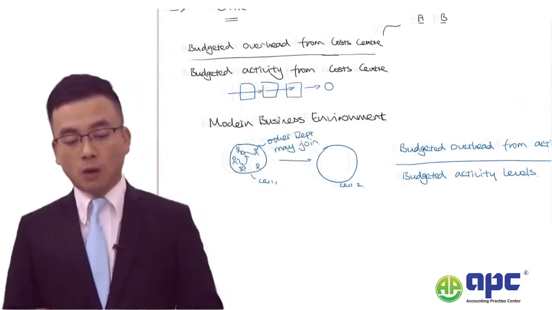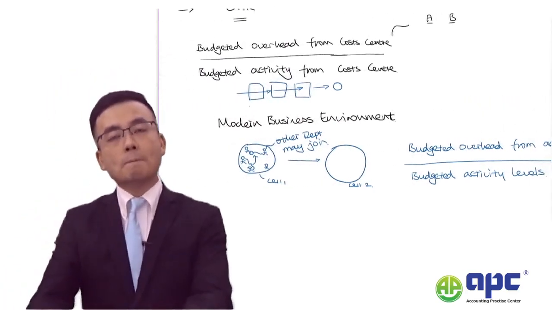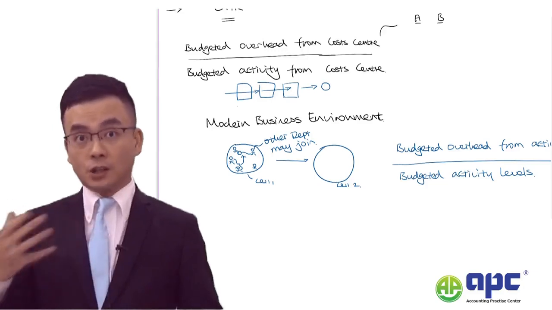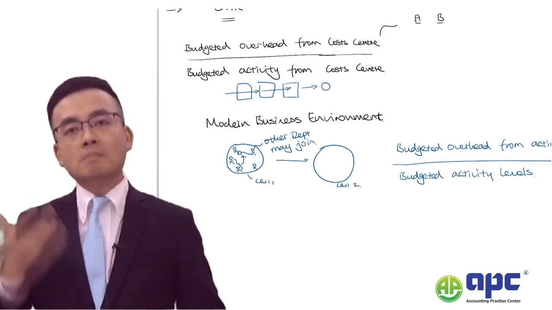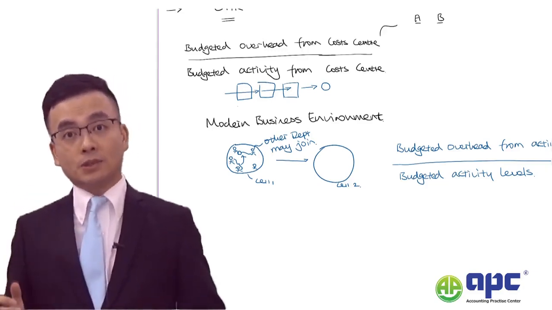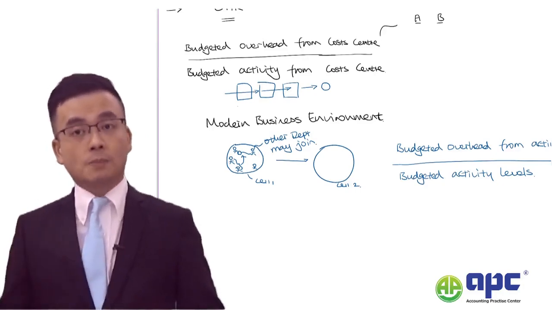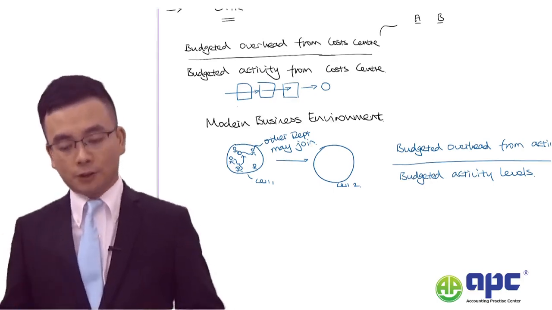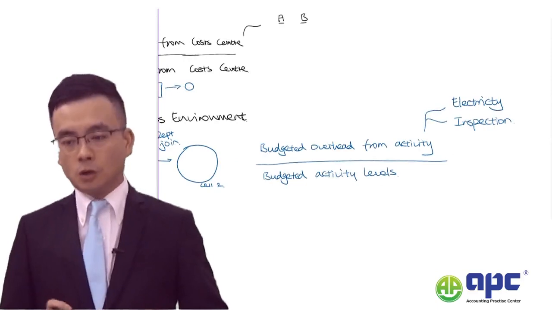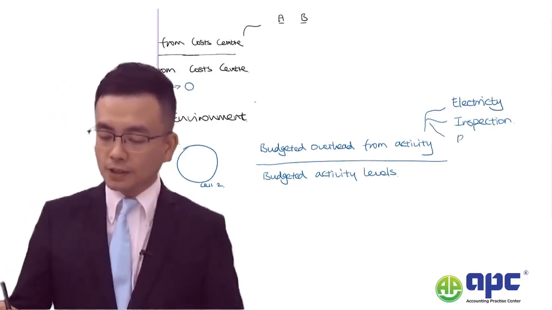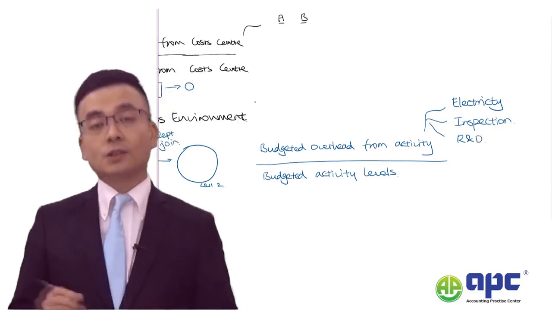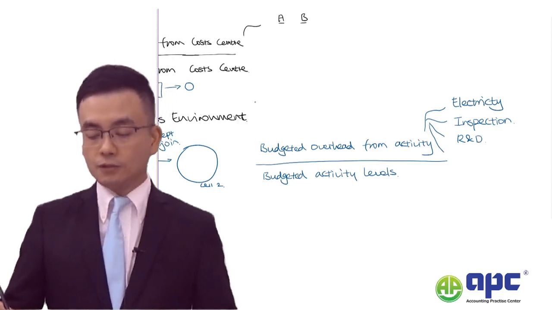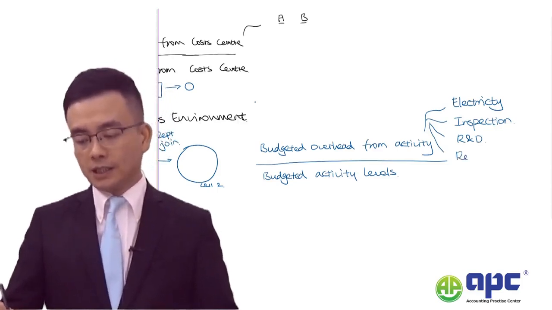When we are inspecting things, we may need the general managers to come through and oversee the process. We may need the inspection department staff to do the inspection work. Even the production managers will need to come through and see what is going on. And even R&D, research and development, and sometimes marketing will be another activity. And the final activity will be related to rent.